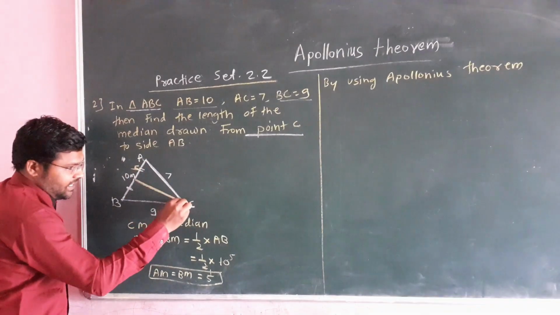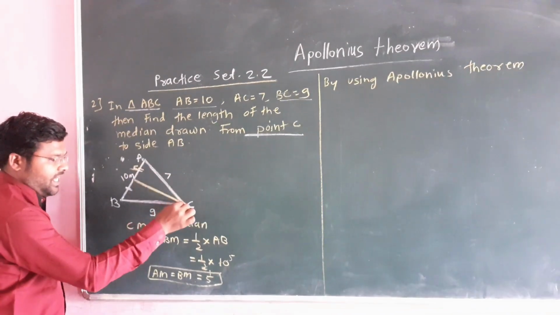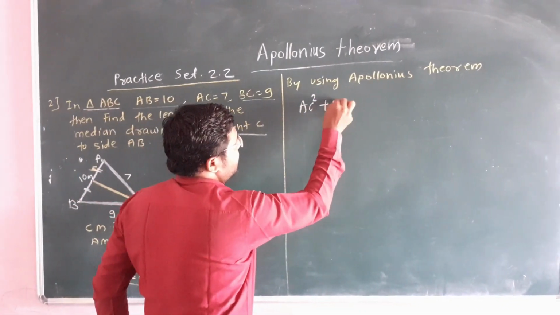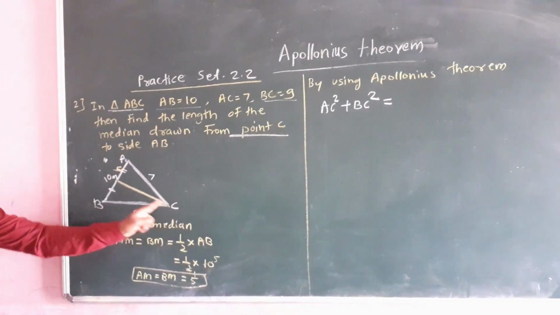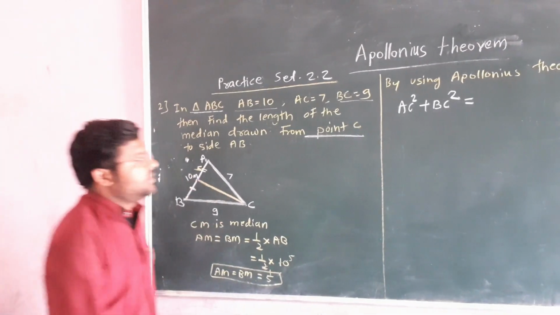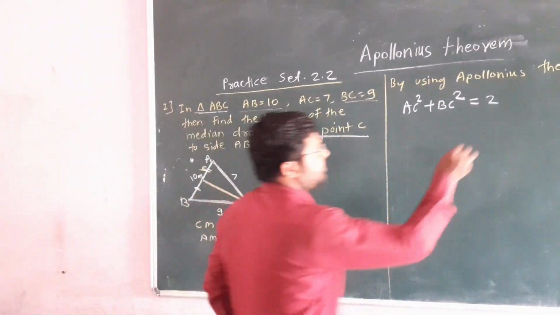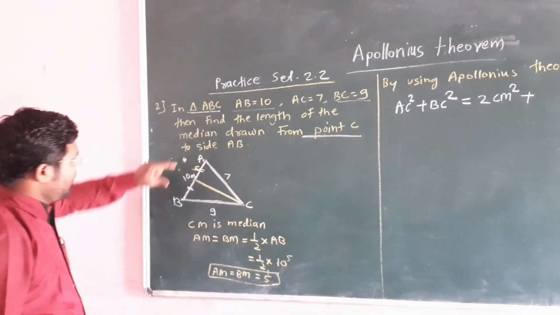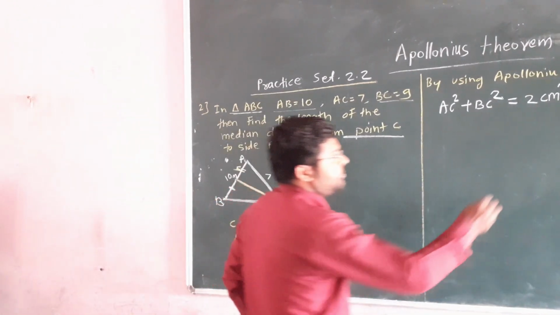First one is AC and second one is BC. So AC square plus BC square is equal to 2 into square of median, so write here 2 and median is CM square, plus one part. You can take AM, otherwise you can take BM also. So I will take here AM.